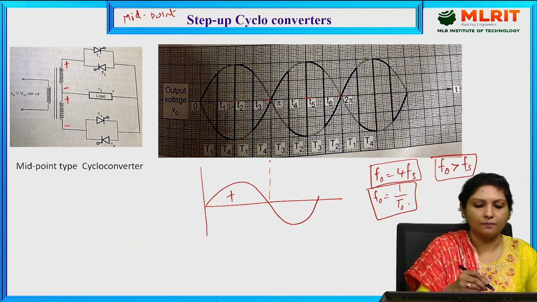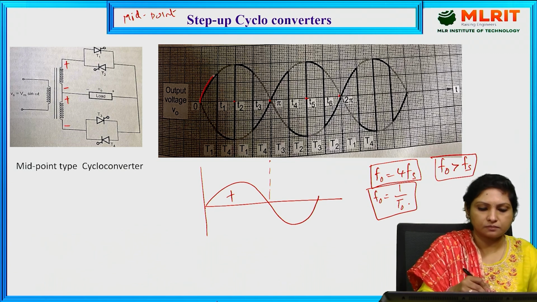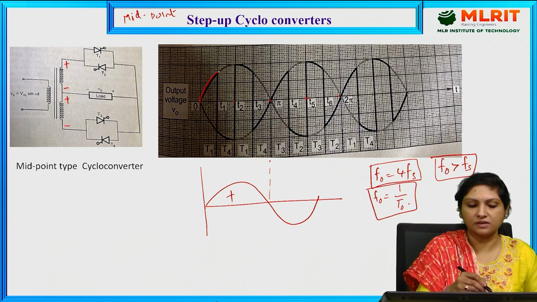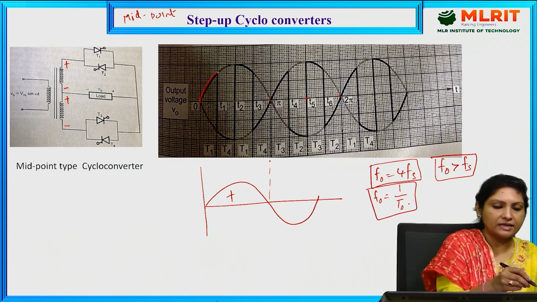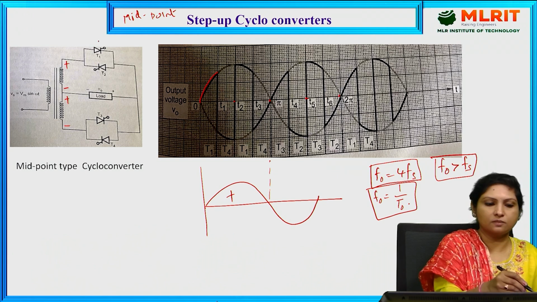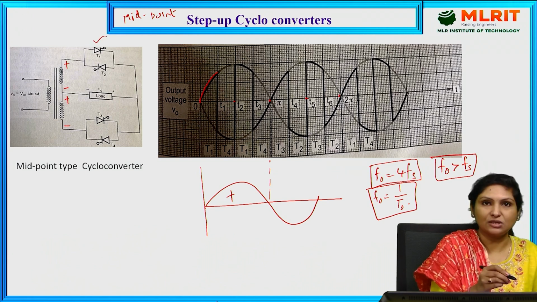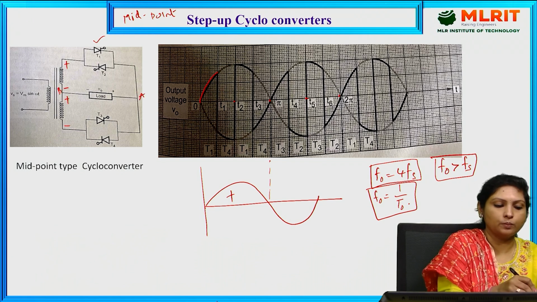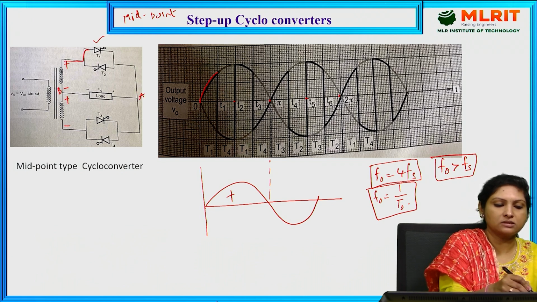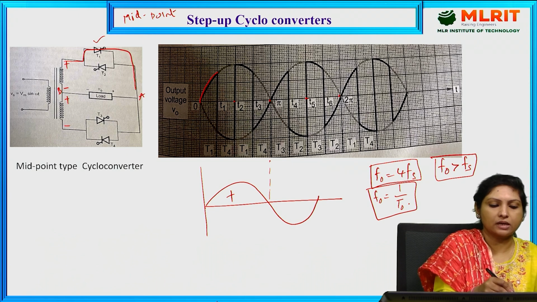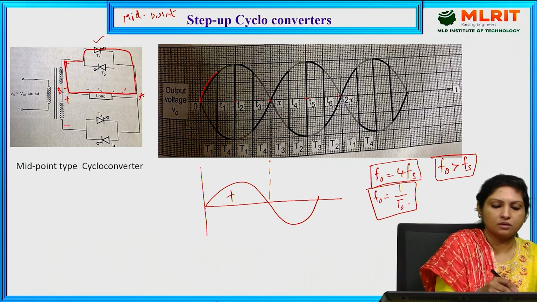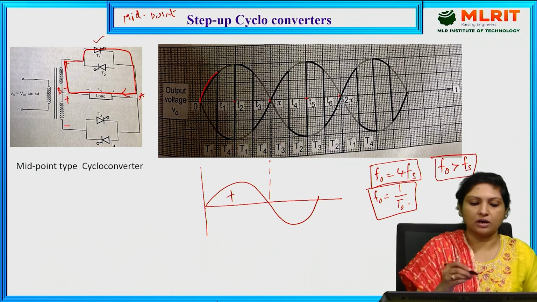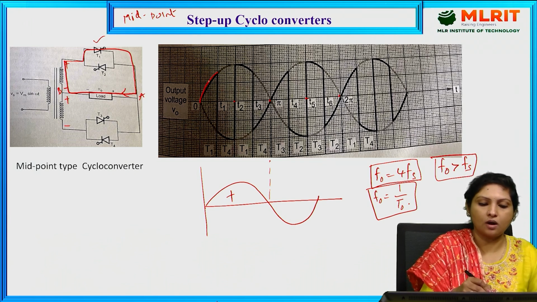For that I need to provide the triggering pulse for thyristor 1 such that it conducts current from A to B through the load, such that the positive half cycle of the output voltage will be controlled.